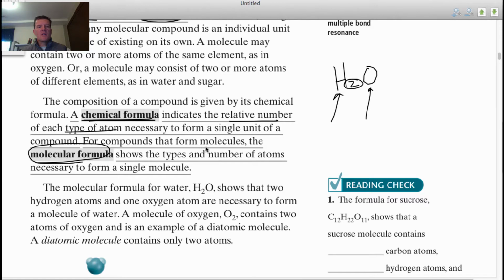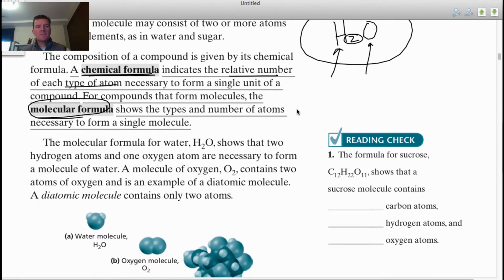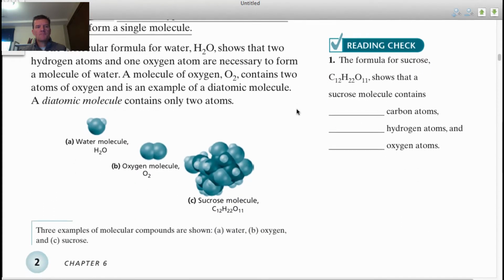Okay? In any case, there are formulas that show us how many of each atom are in that compound, or in that molecule. I mentioned already diatomic. So diatomic means that you've got two atoms of the same element bonded together.